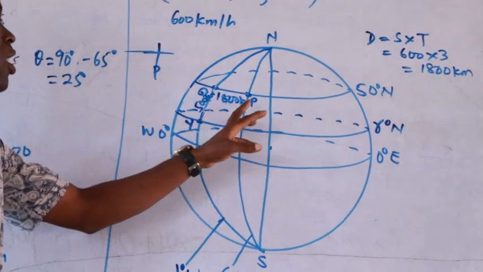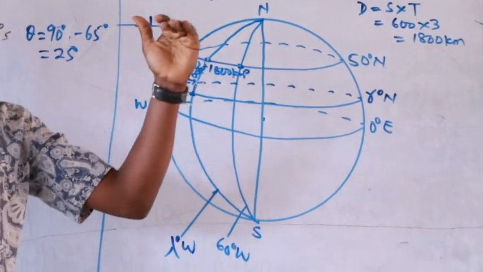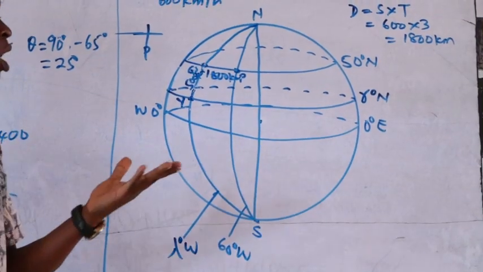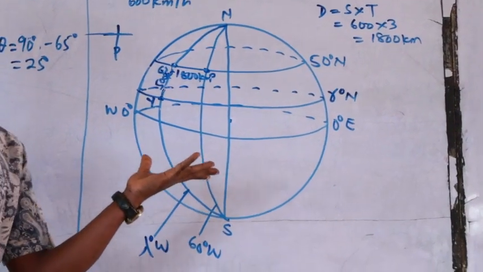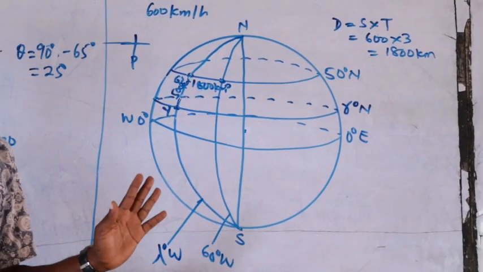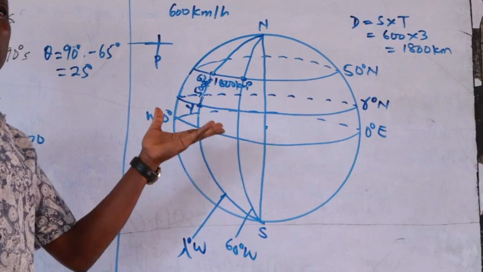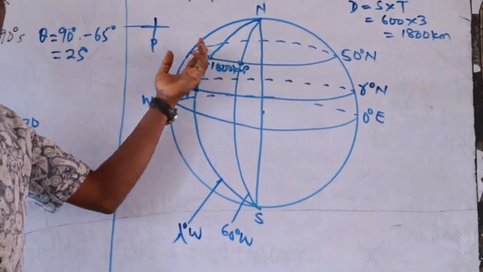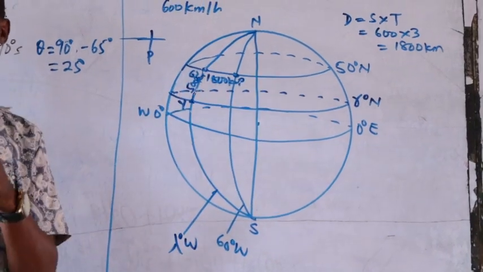When you look at this P and Q, the two of them are on the same latitude, and that latitude is a small circle. That is why if this question is given to you and you fail to draw the diagram, everything is 0. No diagram, no mark. So you must first draw the diagram and locate all these points there.